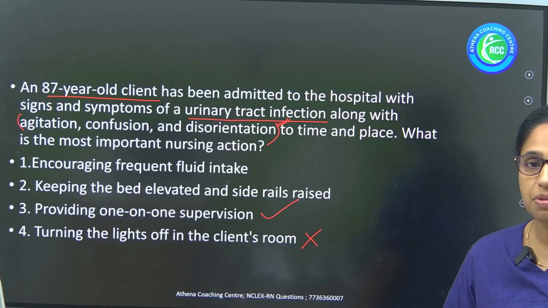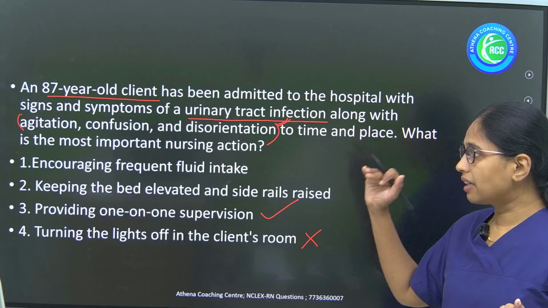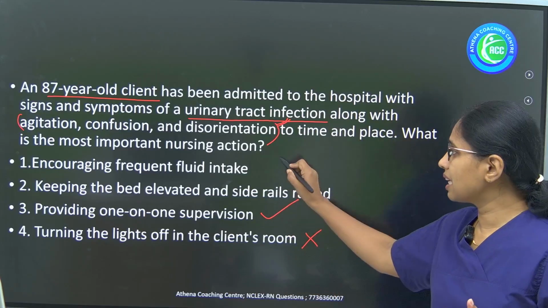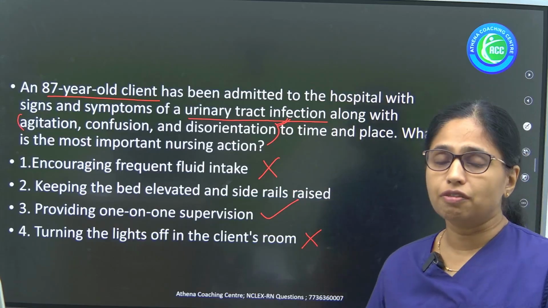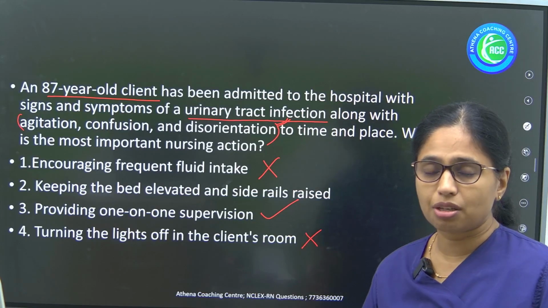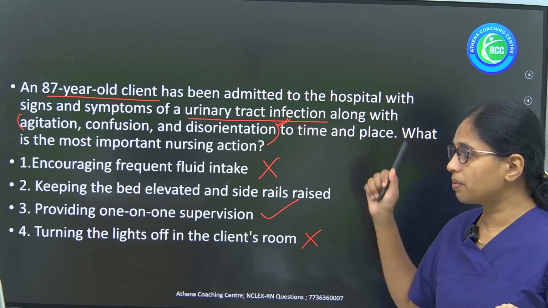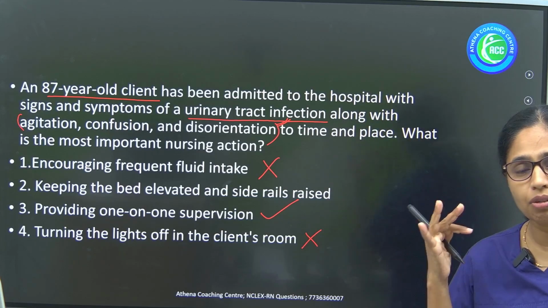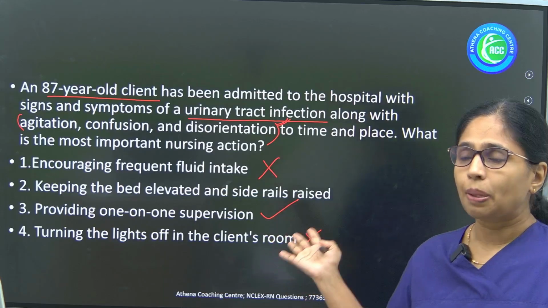You need to closely observe that, and then intervene based on that. Encouraging fluid intake may not be a really good answer, because here the problem is the confusion, agitation and disorientation. So importance should be given to that. You can completely remove the first one and the fourth one, and you will only get confused between the second one and the third one. So the better answer is the third one.